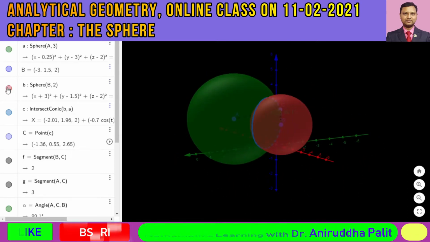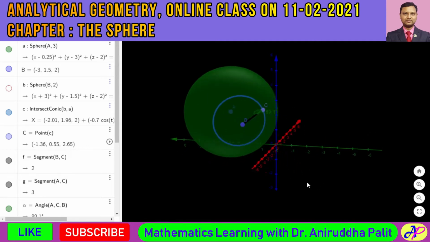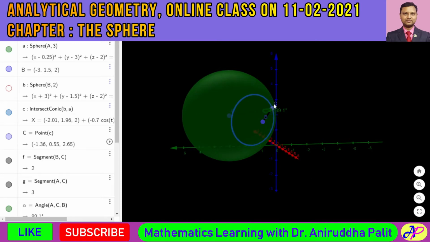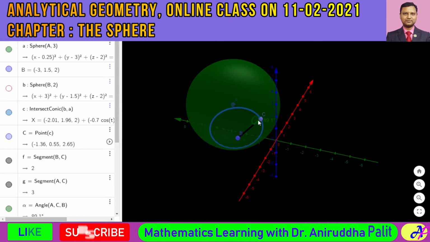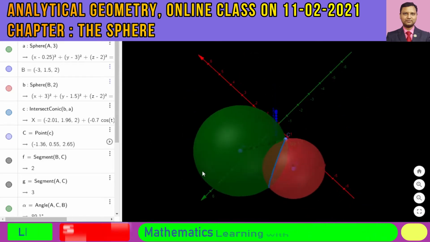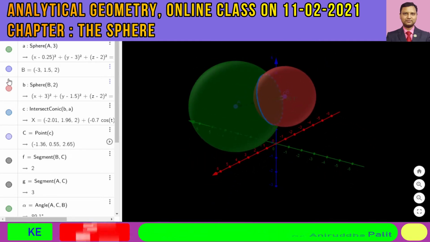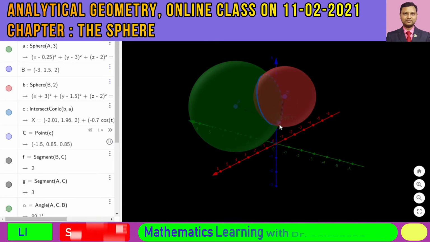So this is the circle of intersection of these two spheres, and on this circle we consider an arbitrary point over here. Now if we change the position of this arbitrary point, you can see this in the animation.